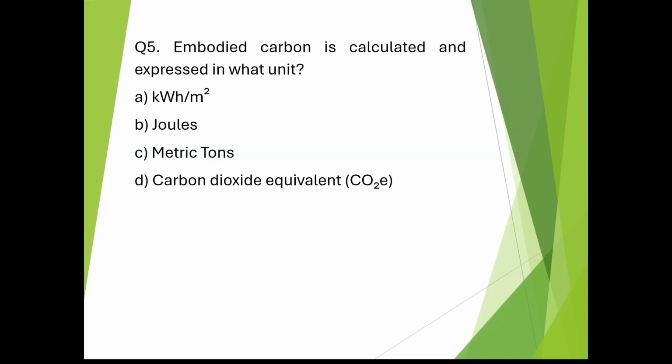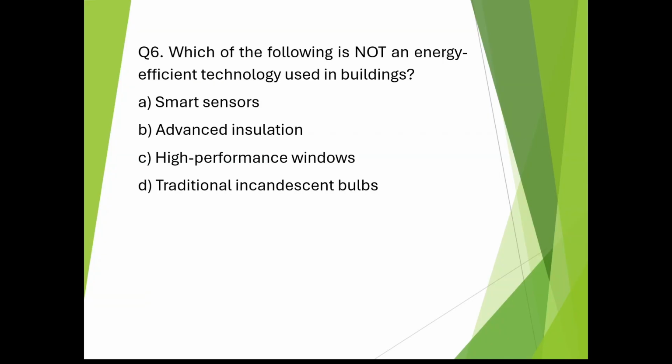Let's move to the next question, question number 6. Here is question number 6 for all of you. Which of the following is not an energy efficient technology used in buildings? So, ma'am has discussed various smart or energy efficient technologies that can be integrated in buildings to save energy, to reduce the carbon emissions.